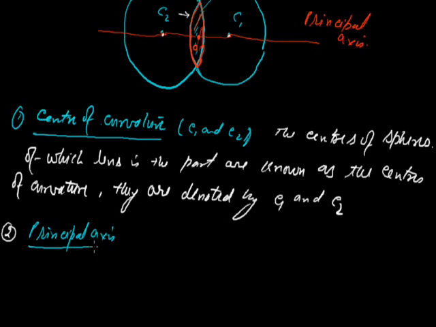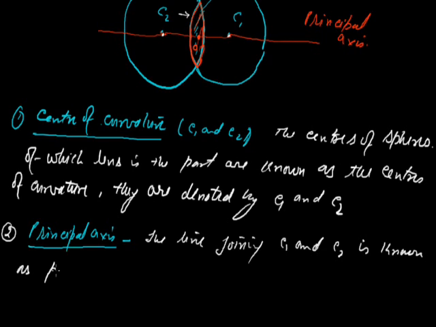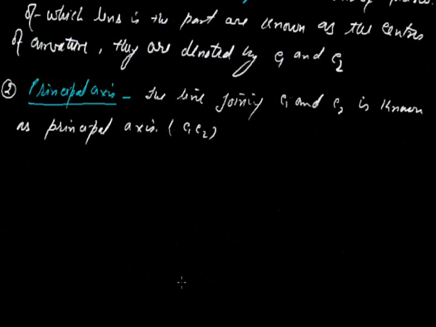Line joining the centers of curvature, C1 and C2, is known as principal axis. Here in figure, C1C2 is principal axis.